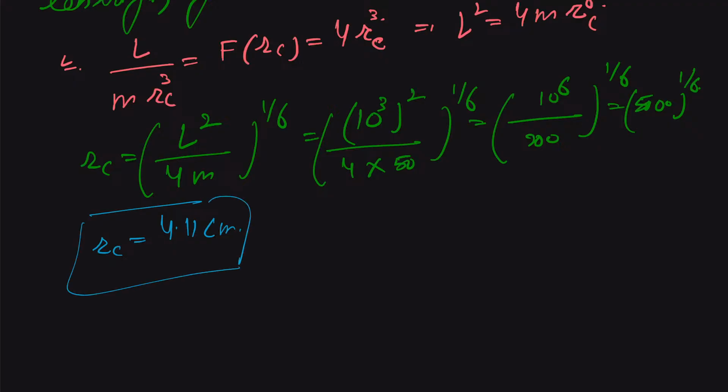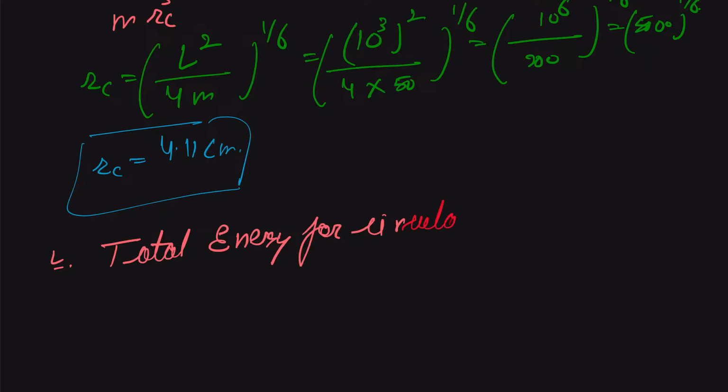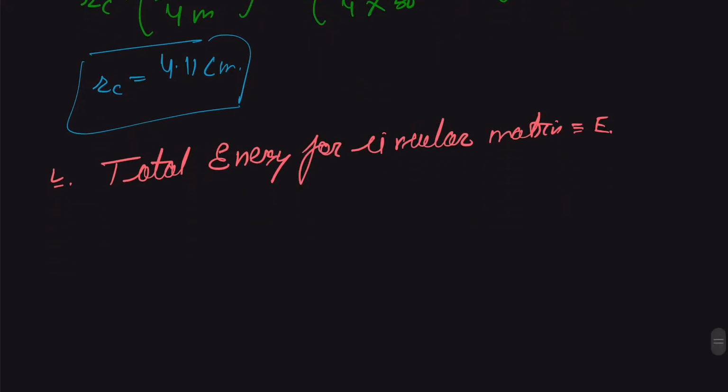Therefore, total energy for circular motion, let us call this E, then this E will be equal to our U effective at a distance of RC.